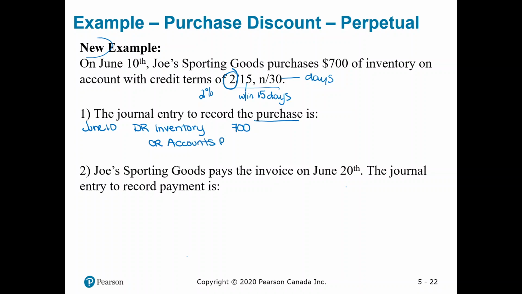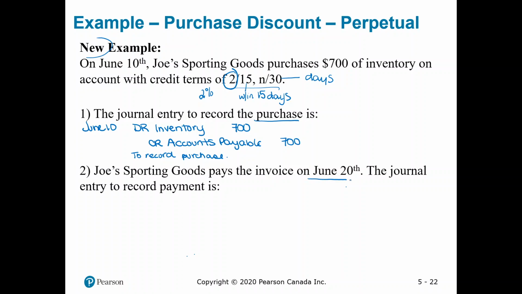Because as of right now, we still owe the full amount. We don't know if we'll pay in the discount period. To record purchase. Okay, so that's the first purchase.